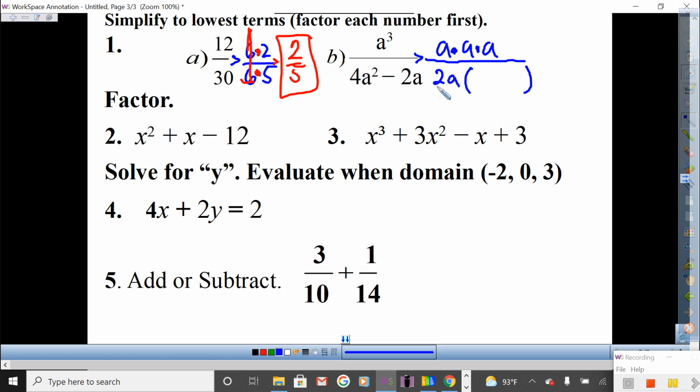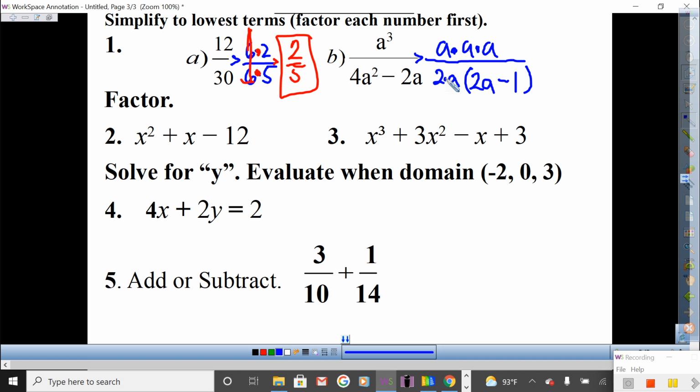So, what is 4 divided by 2? 2. We took out 1a, which is here. We're left with 1a. What is 2a divided by 2a? 1. And we're left with a negative, so it's -1. Okay. So question, is there multiplication here between the 2, the a, and the parentheses?